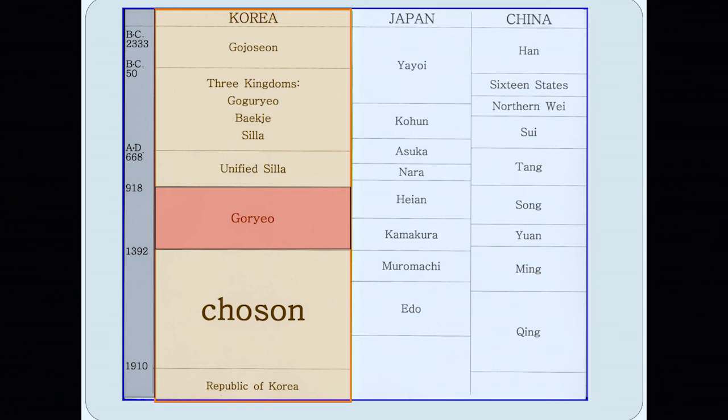So there you can see the Goryeo period highlighted in kind of salmon color, along with the time periods in China and Japan that are essentially the same date. And we'll be comparing Goryeo examples, Korean examples, with Chinese and Japanese examples to give you a sense of the relationships in religious painting traditions at this time period throughout the greater East Asian area.